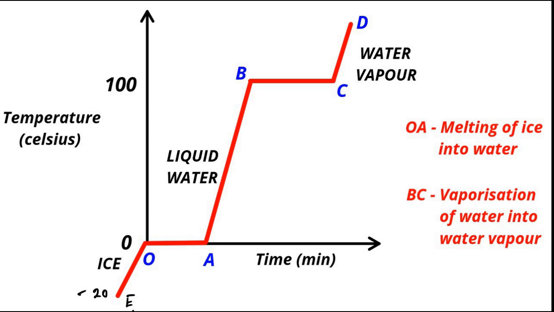Now something interesting happens when we reach point O, that is 0 degrees Celsius. The temperature remains constant, flat, up to point A. Here a concept comes which is called latent heat, which we'll discuss in a separate video in detail.